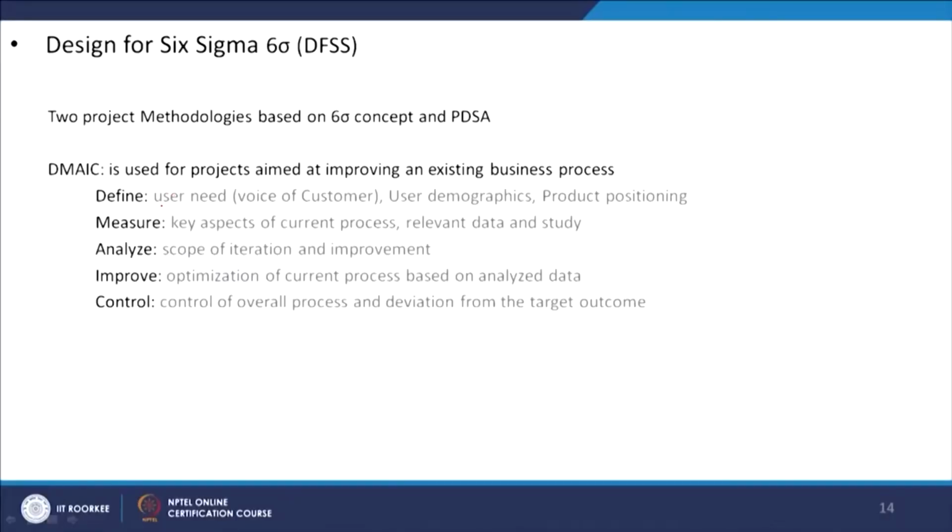So define is identifying the user need and the voice of the customer, what the customer wants, which is based on the user demographics, identifying the real user and how we want to position the product. So product positioning, which we will discuss in due course of time.